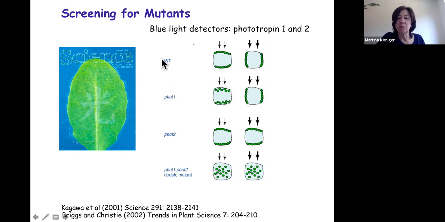So any normal Arabidopsis plant, if you're shining low light on it, it will spread out its chloroplasts. You probably know by now, right? If you shine bright light on it, so the big arrows mean bright light, then they hide at the edge, right?